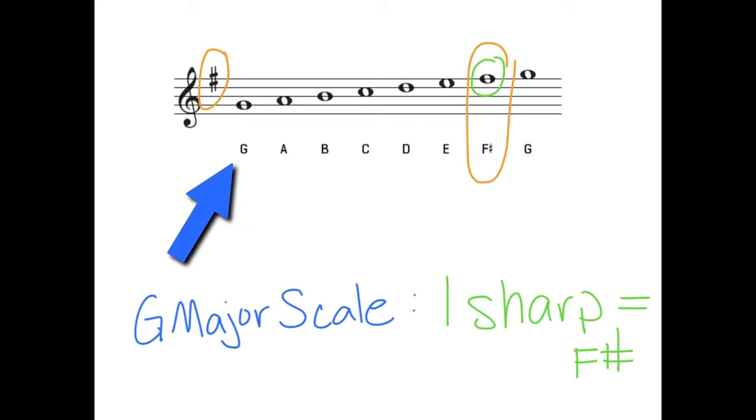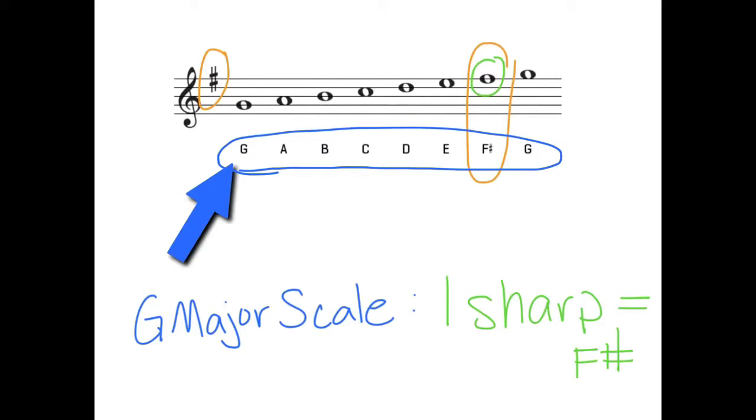In the key of G major, this is the G major scale, and these are the collections of notes in the scale. So following the rule that I just explained, if we look at the top line, we see, oh, that is one sharp, F sharp.